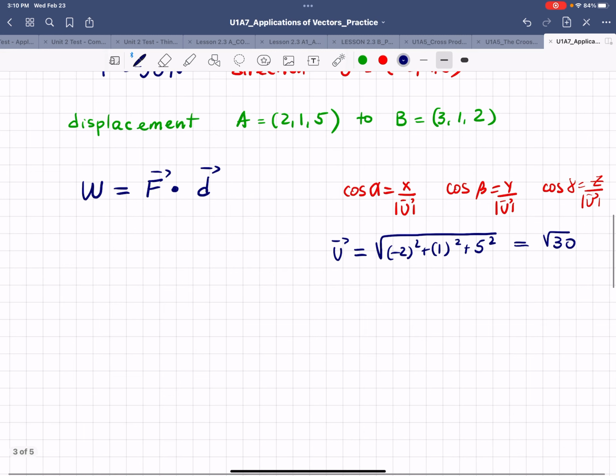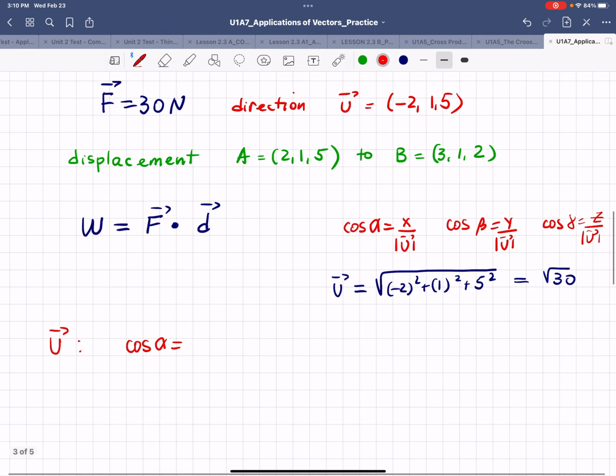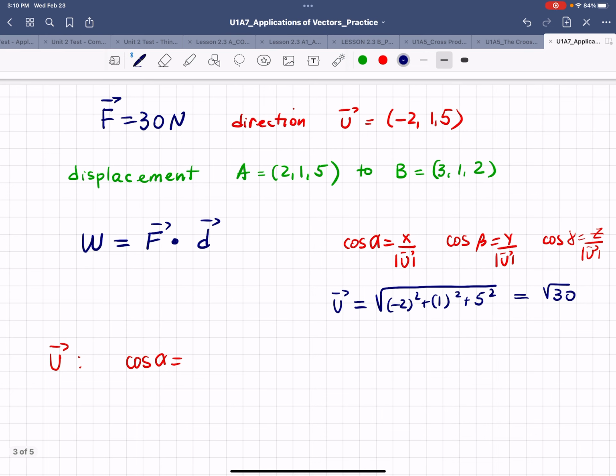So for vector u, we will have the direction cosine alpha equal to x, which is -2, divided by the magnitude, which is root 30. Cos beta, the angle made with the y-axis, will be the y-coordinate over the magnitude root 30, so that will make it 1 over root 30. And cos gamma, the angle made with the z-axis, will be the z-coordinate over the magnitude, so 5 over root 30.